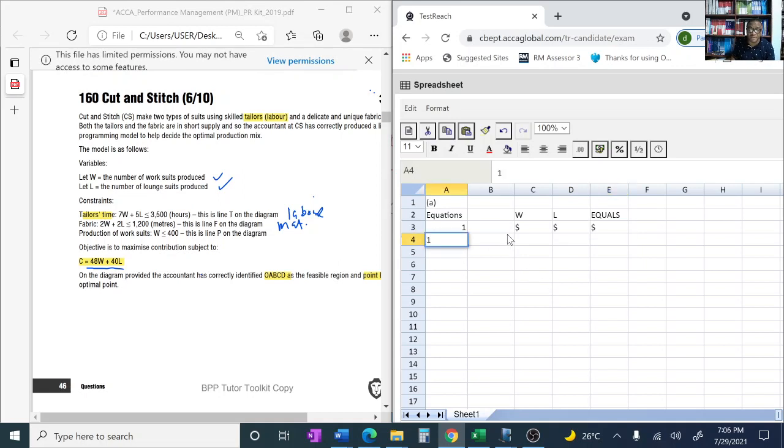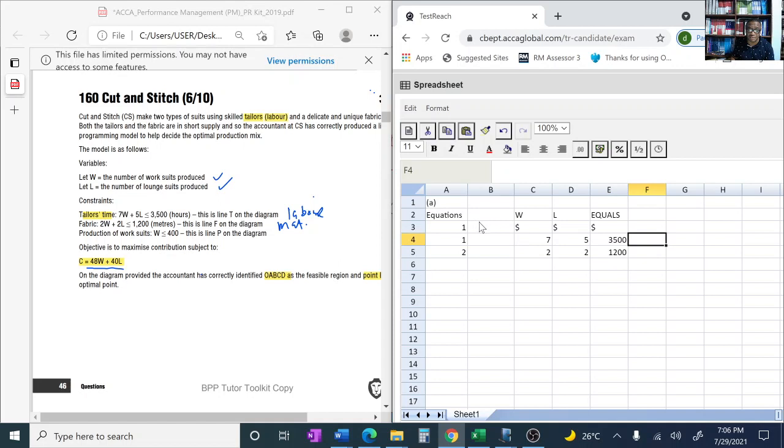So in my first equation, I do have 7, I have 5, I have 3,500, and that is my equation 1. And so equation 2, that's going to be 2, another 2, then I have 1200.